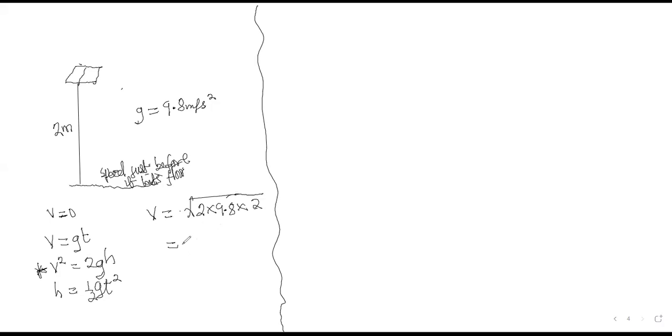So we have approximately 400. So the speed must be either 19.9 something or 20 meter per second. I am presuming that g is 10.